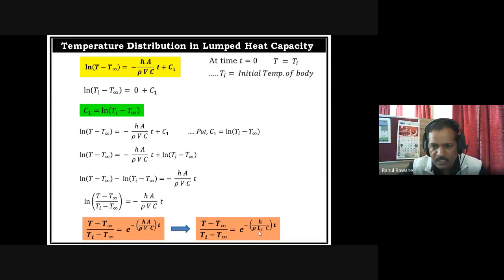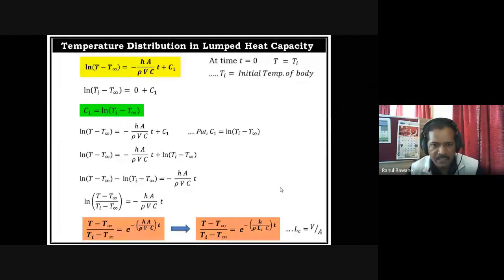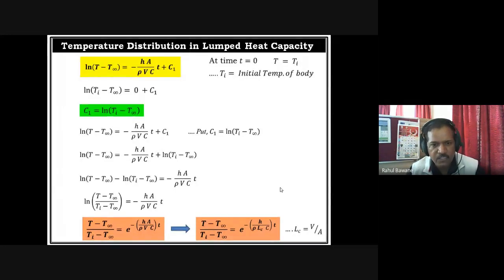So Lc is known as the characteristic length, and characteristic length is calculated as V upon A. V is the volume, A is the surface area. Why do we require a characteristic length? Because if there is a plate, we can easily find out the plate length. But if there is a sphere, then how do we calculate the length of a sphere?